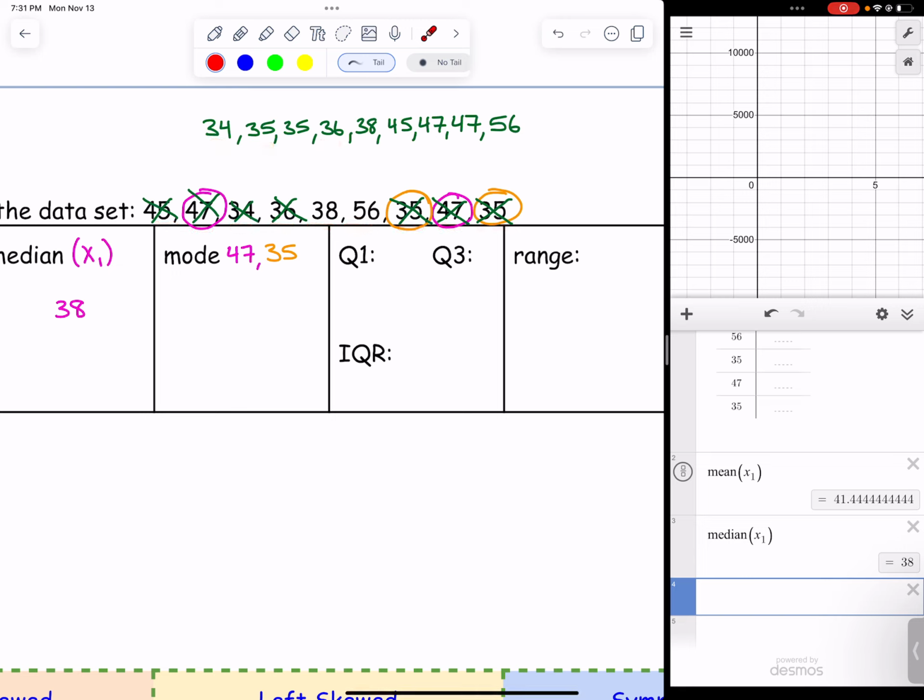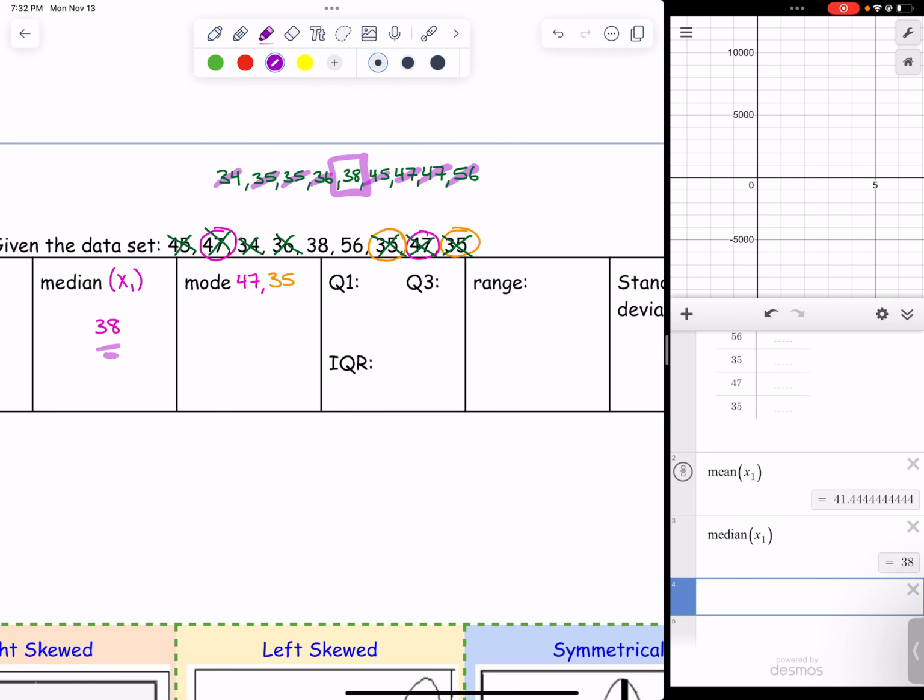Then you want to start marking off until you figure out what the median is, which should be 38. We already know that. But just to show you an example, I can mark off the largest and the smallest, and then the second largest and second smallest, until I work my way to the middle, which we've already determined the median was 38. Quartile 1 is the median of the first half of your data.